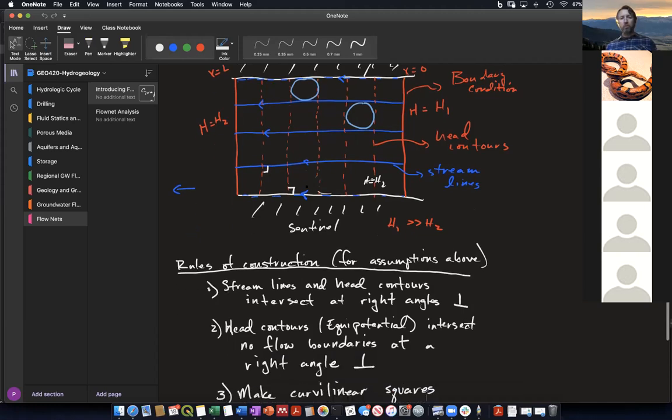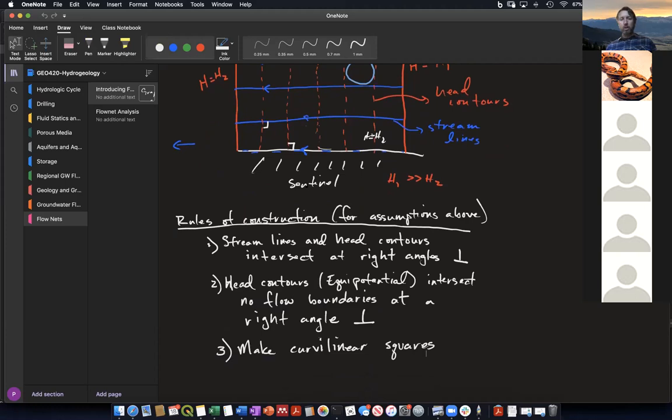We talked about some rules for their construction in the case that it's a homogeneous and isotropic system. Streamlines and head contours intersect at right angles. All right, so everything here is at right angles.